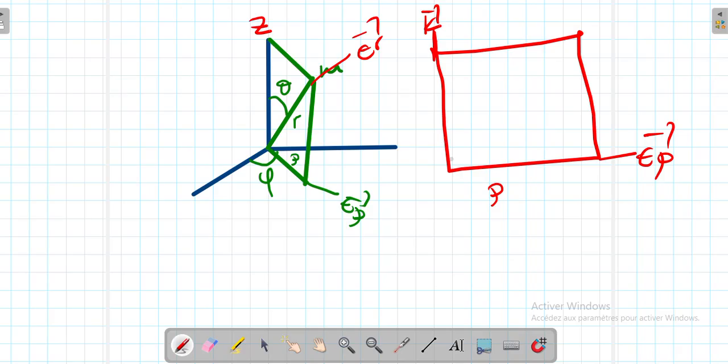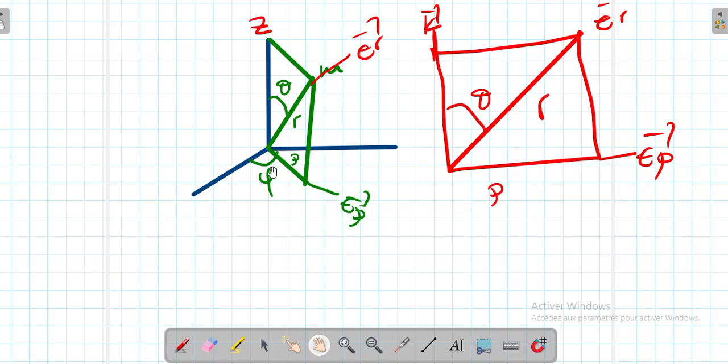We don't know. In between we have r in the direction of ER, and we also have this angle theta. So I'm projecting this rectangle here.